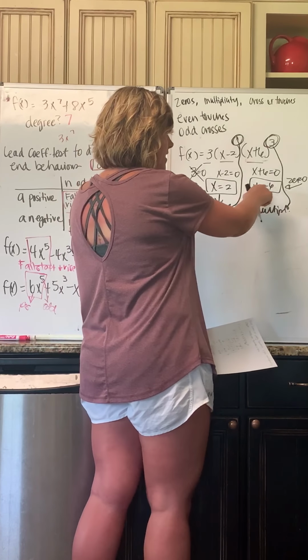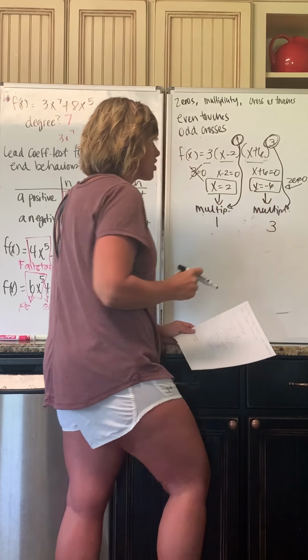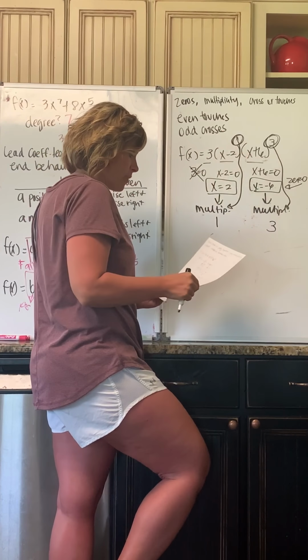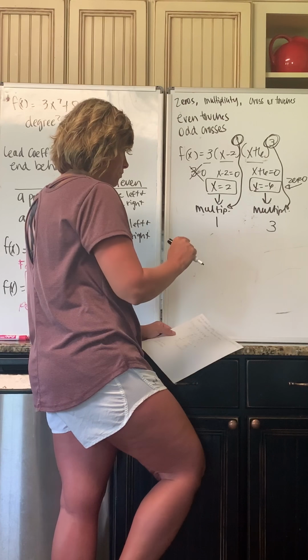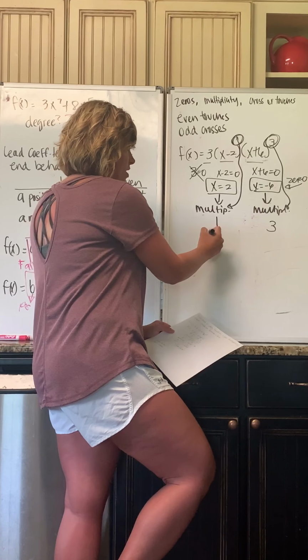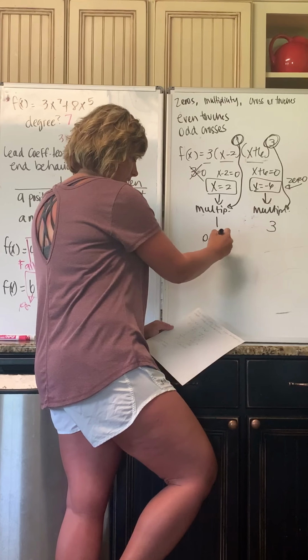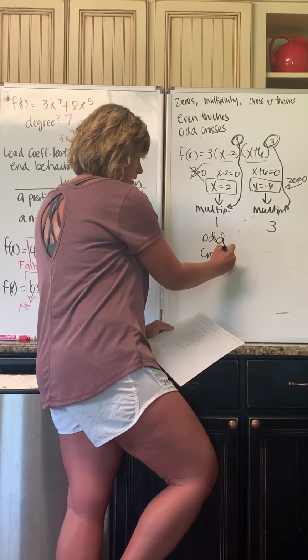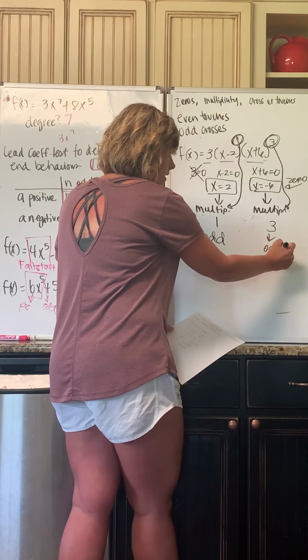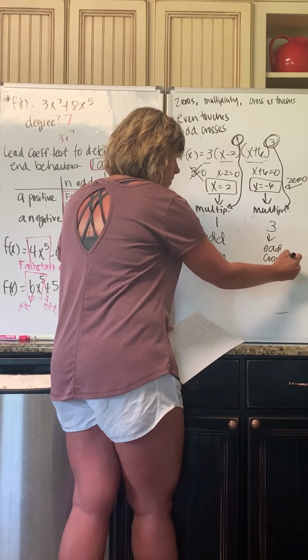Your multiplicity at x equals negative 6 is 3, because it's the exponent on x plus 6. Now, is 1 even or odd? It is odd, so it crosses. 3 is also odd, so it crosses.